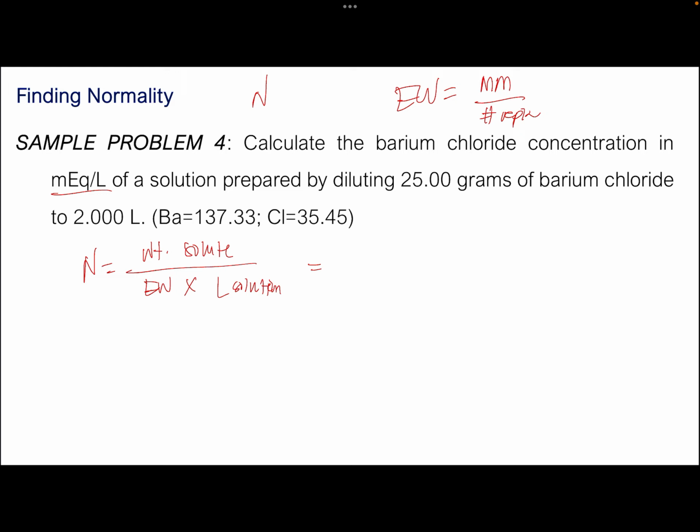We have here weight of solute 25.0 grams divide EW for barium chloride. We have barium chloride, this is its chemical formula. So for barium chloride, our molar mass for this one is 137.33 plus two Cl, 35.45 times 2.